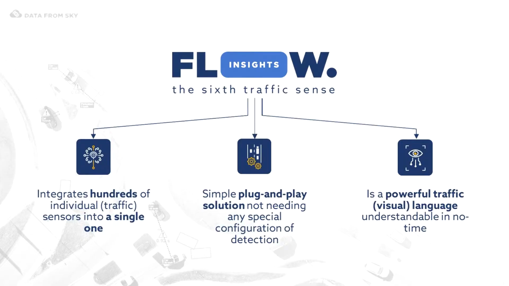Flow, as a traffic monitoring system, integrates hundreds of different sensors into one user interface, into a single system. It is a simple plug-and-play solution where you just connect the traffic camera, and from the video, the analytics engine starts detecting and categorizing all the vehicles it can see.